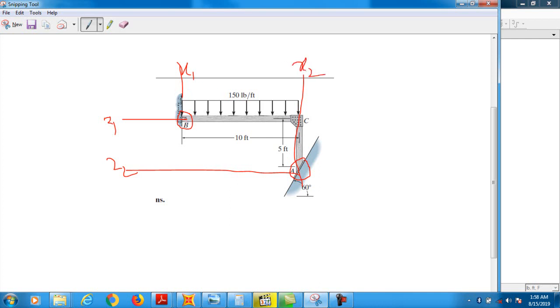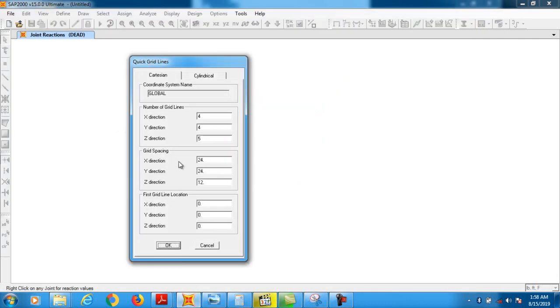Or you can say this is A and this is B. So your AB spacing, this is the simple span, is given as 10 feet, and from A to C, that is the height, is given as 5 feet. So let's see and model it.